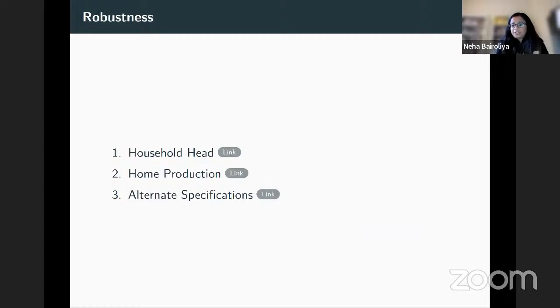The other question, which again, I think is super important to think about, is home production. What if there's a lot of home production going on in Indian households, which is not captured in the expenditure measures? So what we're seeing as a flat profile of consumption is really a flat profile of expenditures, and there is a lot of home production going on in the middle of the life cycle.